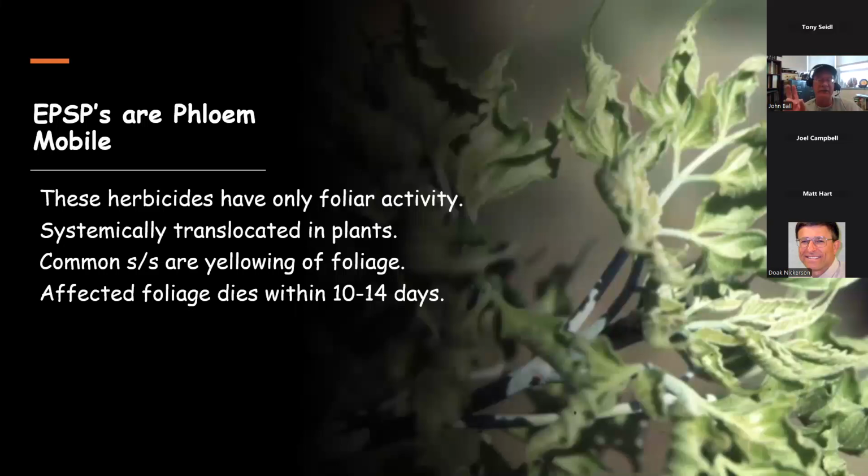Why? These are phloem mobile. And while we don't really get a lot of movement, we certainly can. They only have foliage activity, of course. Glyphosate applied to the soil doesn't really affect much because it binds very quickly. But the symptoms are yellowing of the foliage, and then, of course, necrosis. The foliage actually dies. Usually you see this showing up within a week or two.